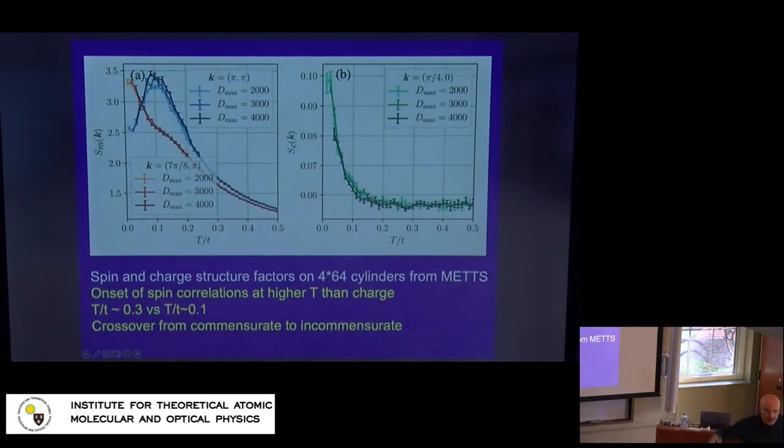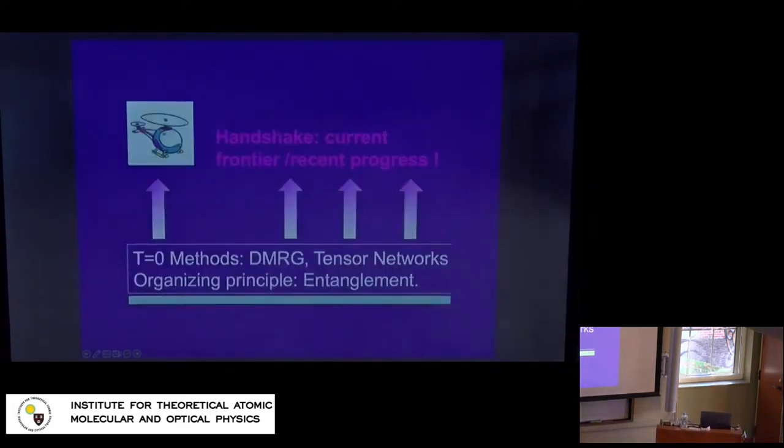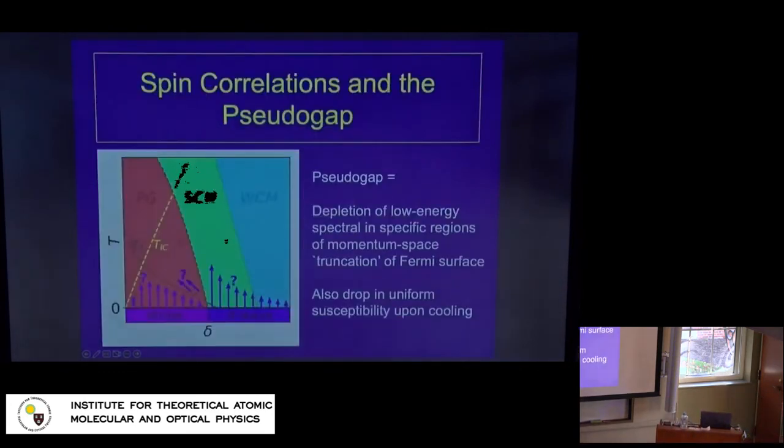The picture is that there are spin correlations that develop at a much larger scale, typically 0.4 times the hopping, something like this, and then they grow, and eventually the charge kicks in, but at the lower temperature scale. Okay, so just to conclude that part, this is a beautiful example, I think, of how one can move from the picture that was established from zero temperature wave function methods to finite temperature, following the melting of this stripe in connection with the spin correlations.